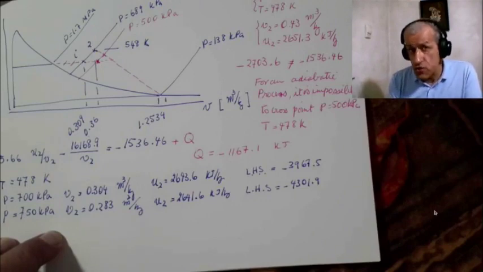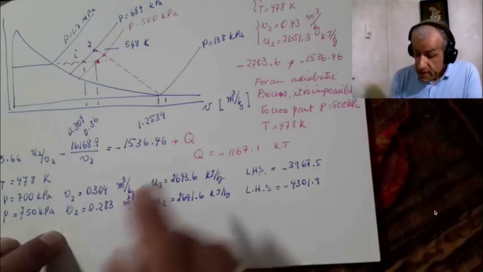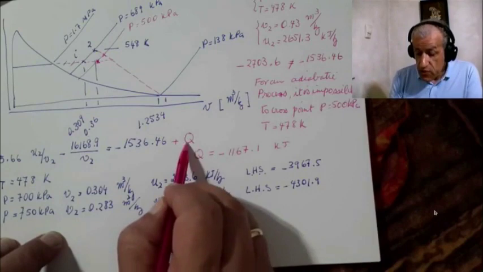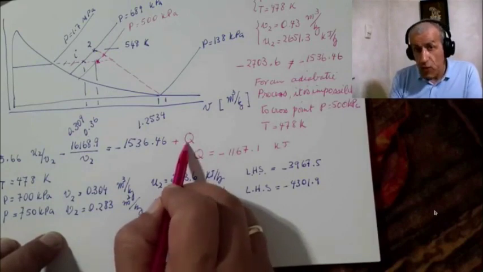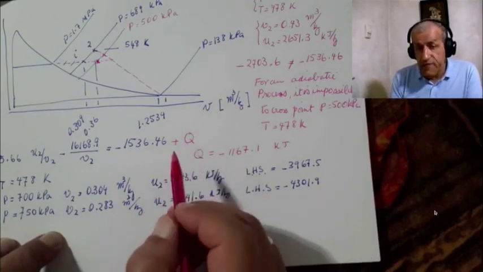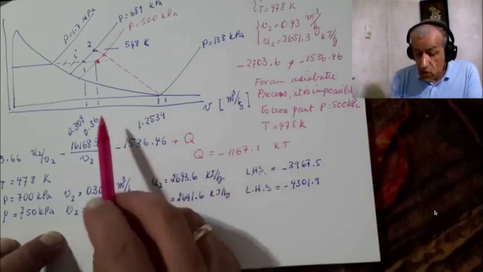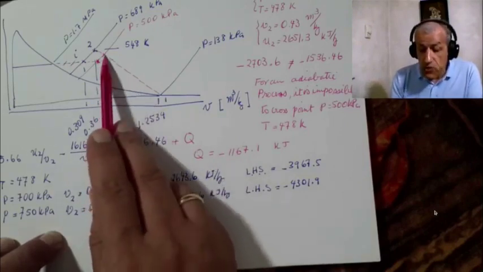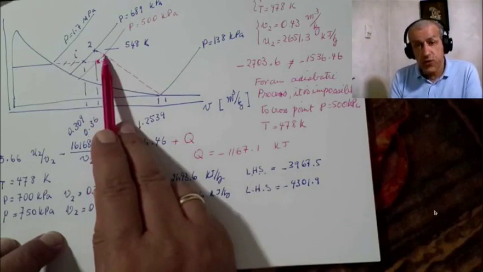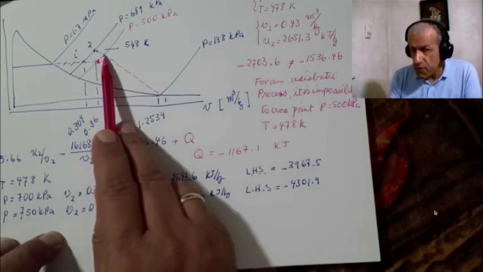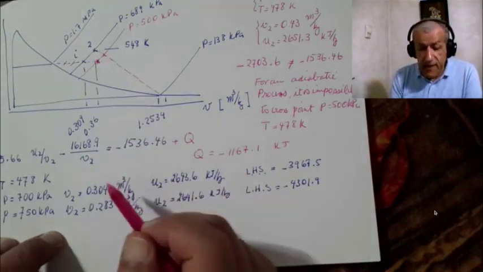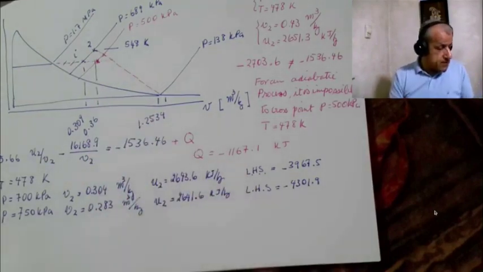It should do. There could be Q equals 0, and for a pressure of 500 kilopascals, we should be able to come to some temperature, some point on this line. And it should be possible. Let's see if it is possible.